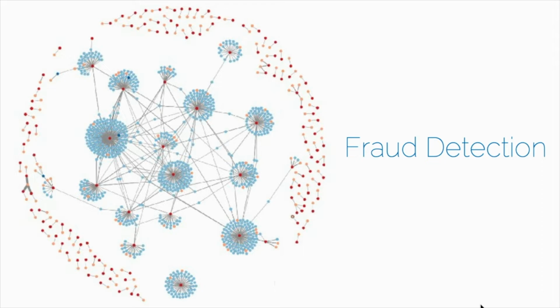Actually, let me give you an example. If you take three, four, five people in this network, you will see that there are some properties attached to those people, like email addresses, phone numbers, etc. These specific data points are not an indication of whether or not the account behind that phone number is fraudulent.